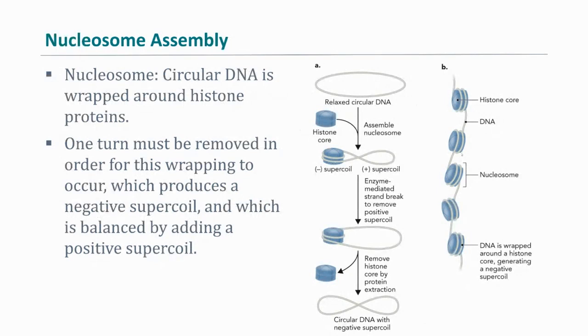Nucleosome assembly. One of the cellular activities that can introduce the writhing number, the supercoil, is the histone. Here, just to show the relaxed DNA, if you assemble the nucleosome, the histone core attached to the DNA will introduce a negative supercoil here, and then on the other side is a positive supercoil.